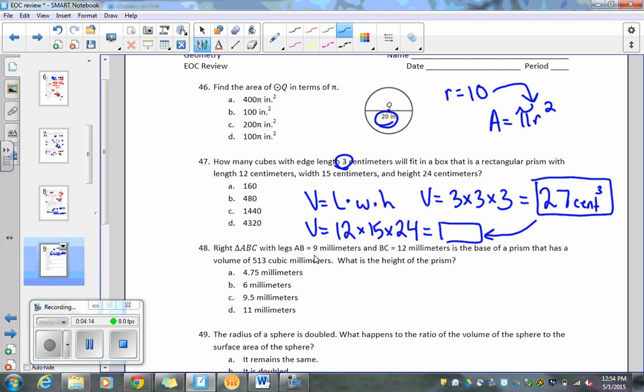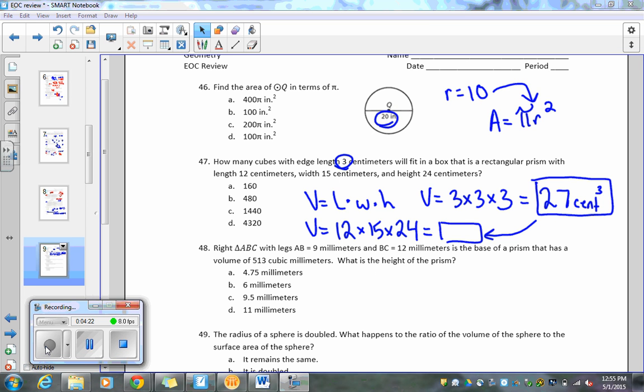48. Triangle ABC with legs AB, 9 mils, is the base of a prism, and that is the volume. What is the height of the prism? All right, this is straight up formulas here, where we're dealing with a triangular prism.